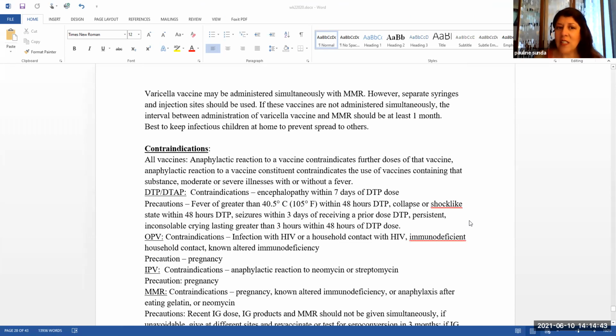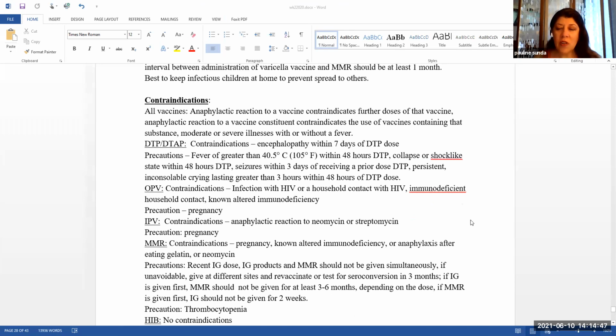So there are some contraindications to vaccines. A general contraindication includes basically if a child has an anaphylactic reaction to a vaccine, then they will not get that one again. Obviously, that makes sense. For the Tdap or the DTaP, the contraindication here is encephalopathy within 7 days of the DTaP dose.